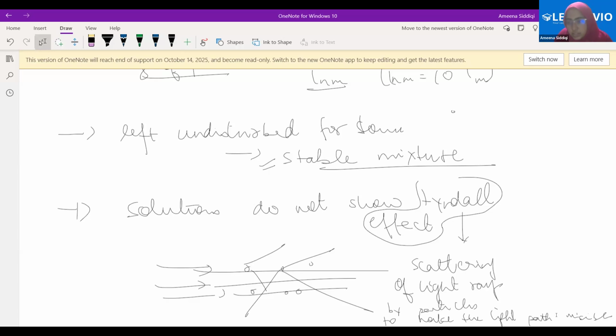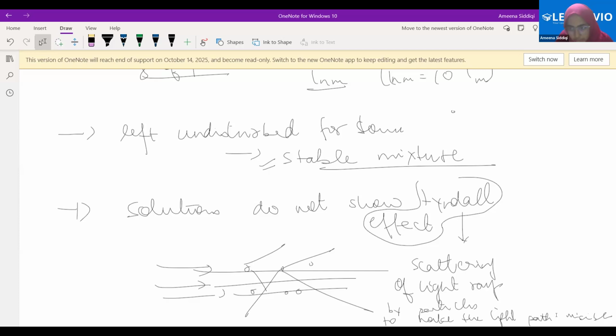Now tell me one thing, very important. If the scattering is not taking place here, will the light path be visible? Yes or no? Mithun said yes. Bethel, your answer?